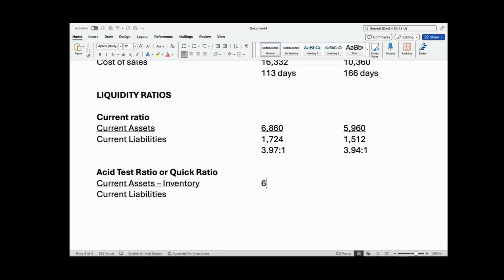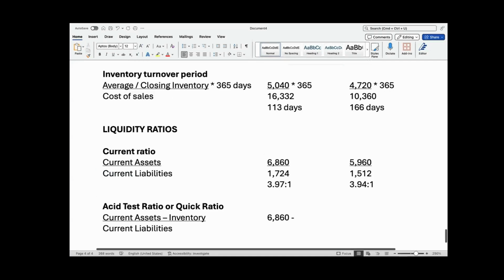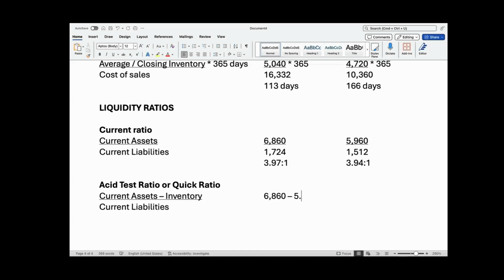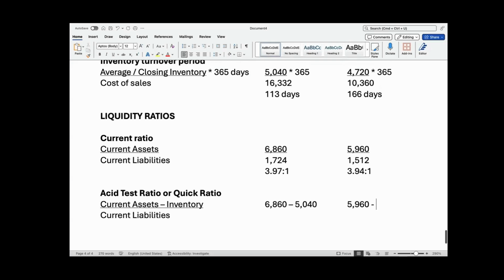Current assets is 6860, but our inventory is 5040. For 2022, current assets is 5960, and our inventory is 4720. And what's my current liabilities? 1724 and 1512.